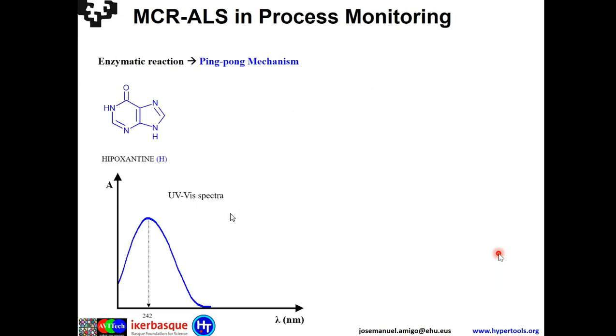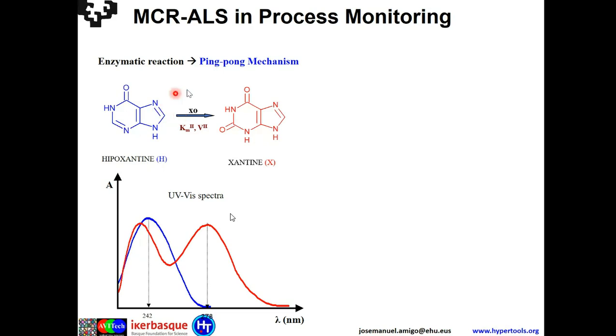Okay. Another case that I particularly like, because it's part of my PhD thesis, is that MCR-ALS has been used for many years in process monitoring or modeling reactions. And what I'm going to show you here is an enzymatic reaction that is governed by what is called a ping-pong mechanism, in which the hypoxanthine is transformed into xanthine due to the action of this enzyme.